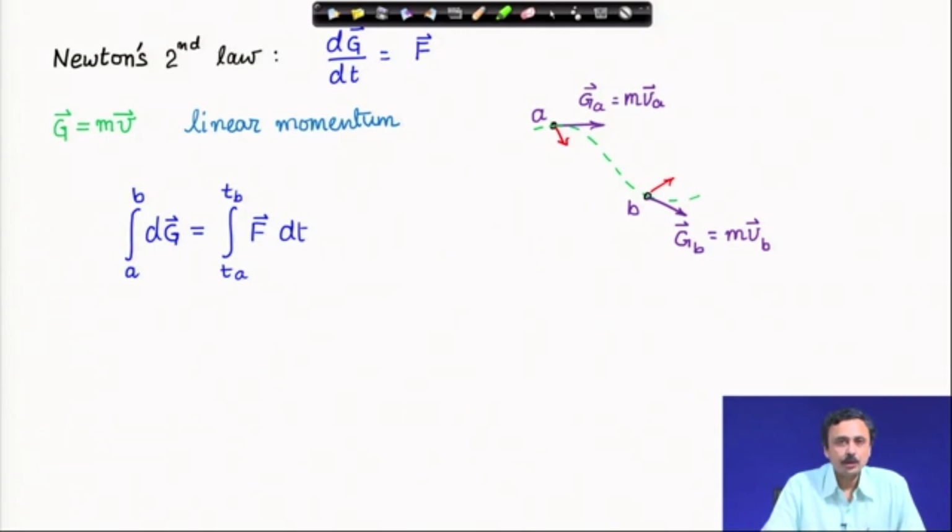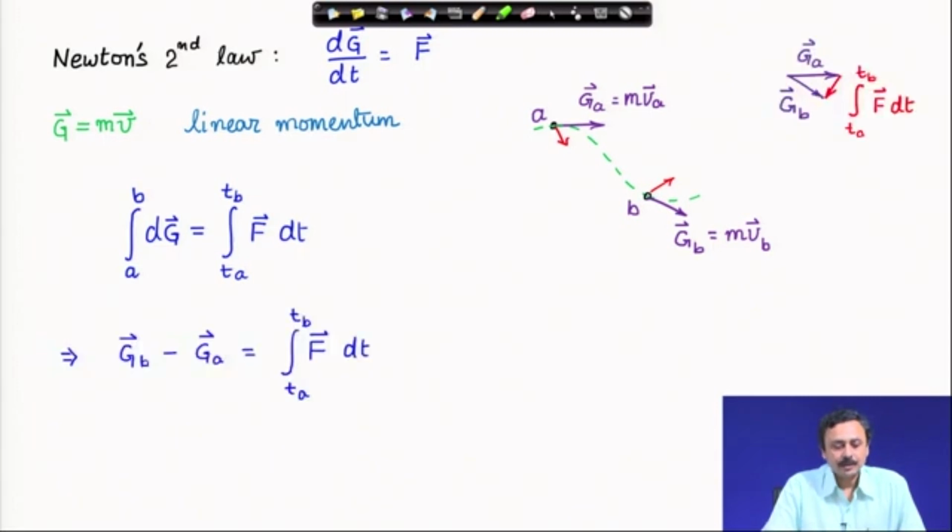The left hand side is a total derivative. Therefore, I can write the change of linear momentum: G at B minus G at A.